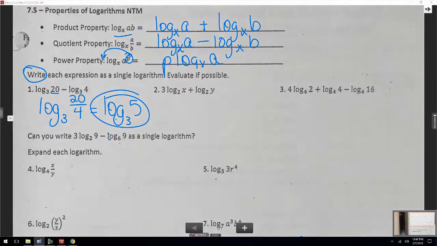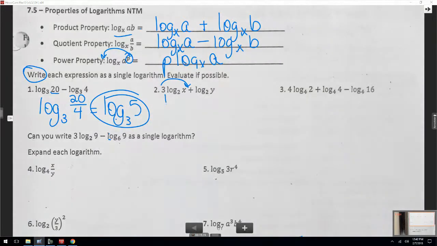Number 2. You've got a 3 in the front, so he goes as my exponent. Is everybody okay with that? The number in front with logarithms, just like our power rule right here. We're just going backwards. The number in front was our power.